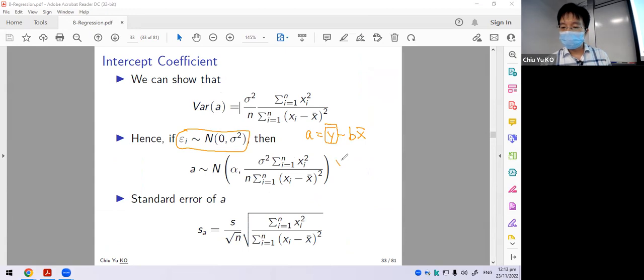Y bar comes from each yi, and each yi is just alpha plus beta xi plus epsilon. Which means that A is linear in y bar, which means that A is also linear in yi, right? Because y bar is just y1 up to yn divided by n, right? A is linear in y bar, A is linear in yi, and yi is linear in epsilon.